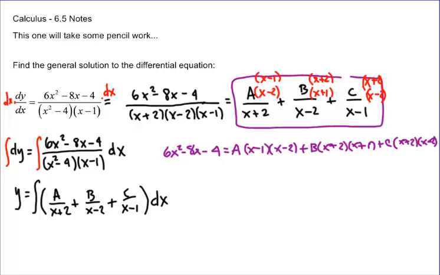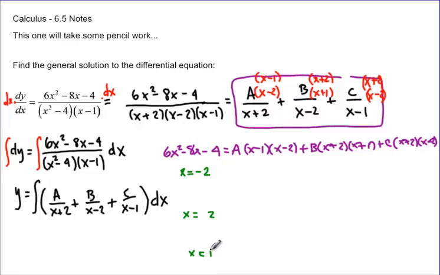And what we have to do is eliminate those variables whenever possible. So in order to eliminate a variable, we just need one of those terms to go to 0. And I'm going to have 3 cases that I'm interested in. I'm going to be interested in x equals negative 2, x equals positive 2, and x equals 1.